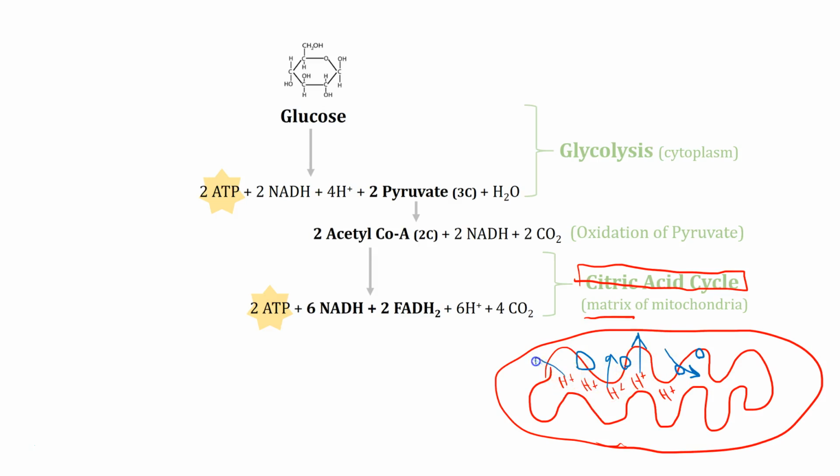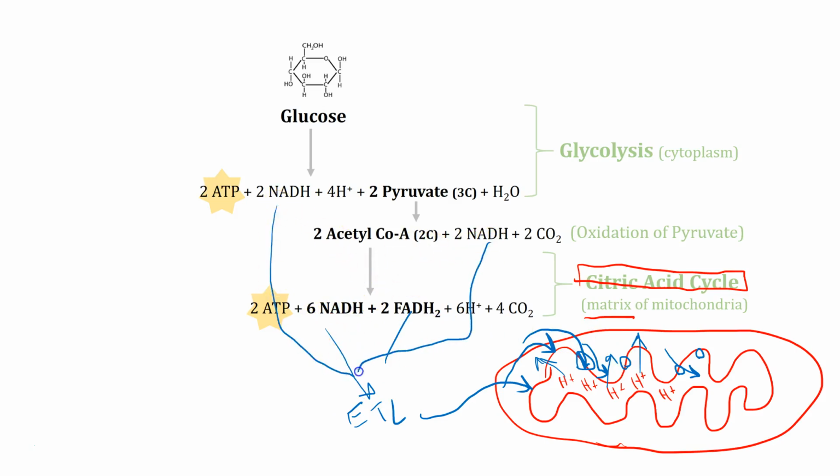The thing that pumps them up is the electron transport chain. Okay, so that's the little series of proteins that are found along this inner membrane as well. So that's going to pump the hydrogen ions into the intermembrane space. The electrons that supply that electron transport chain come from all different steps of this whole process.